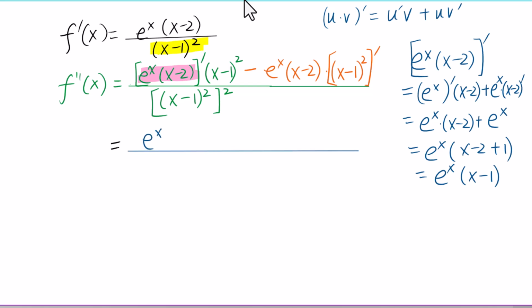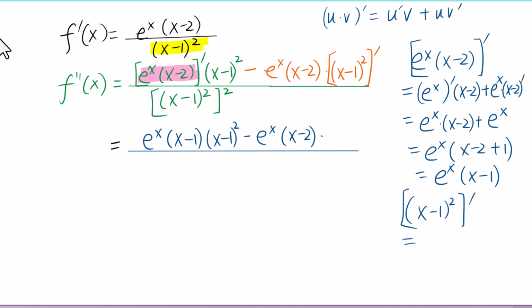e^x times (x minus 1) times (x minus 1) squared minus e^x times (x minus 2). Let's work out ((x minus 1) squared)'.